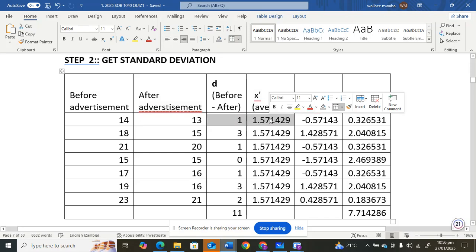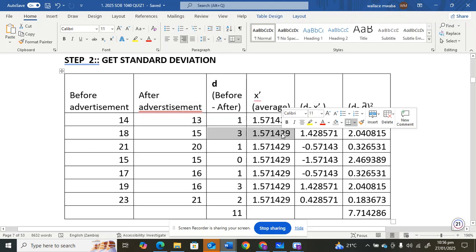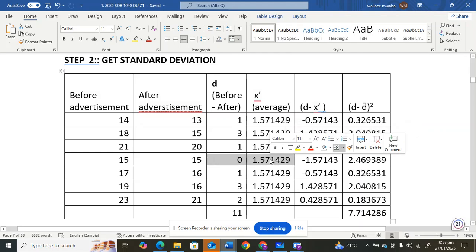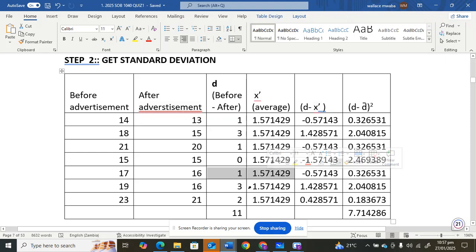minus the average. So 1 minus 1.57. You can get your calculators. 3 minus 1.57, 1 minus 1.57, 0 minus 1.57, 1 minus 1.57, 3 minus 1.57.